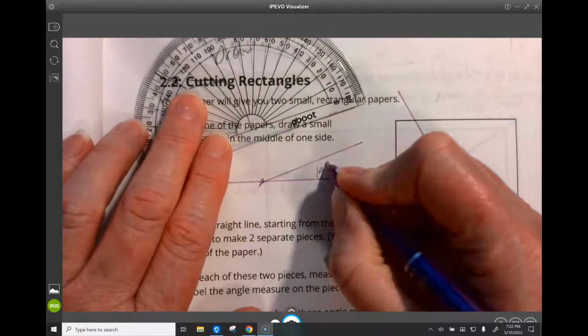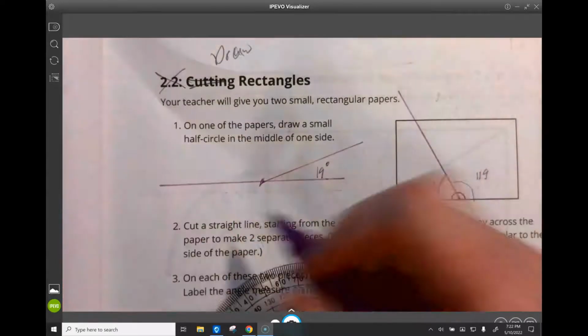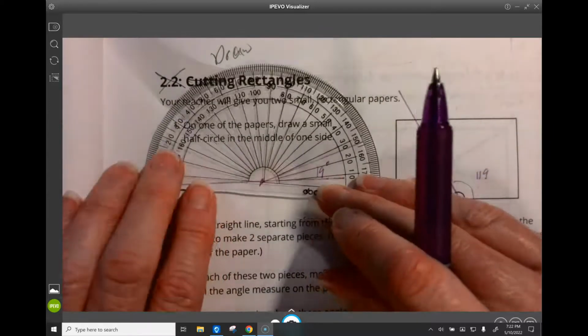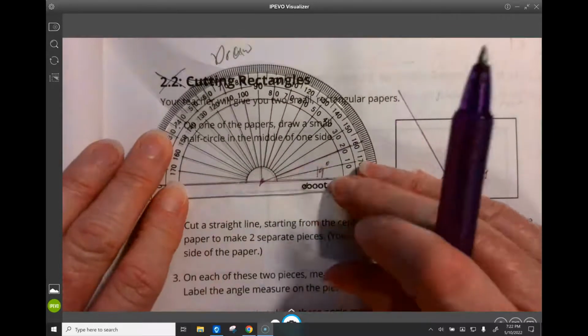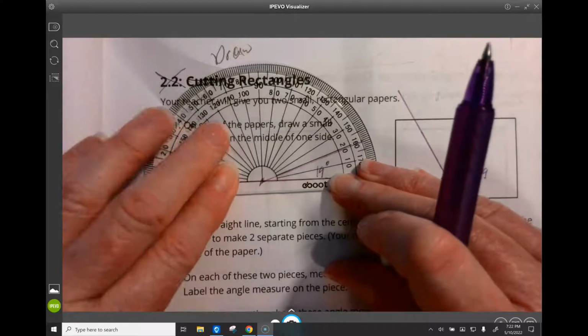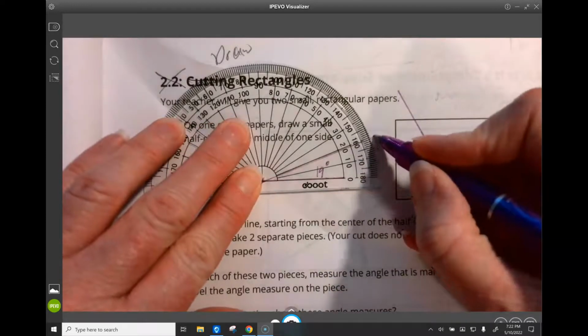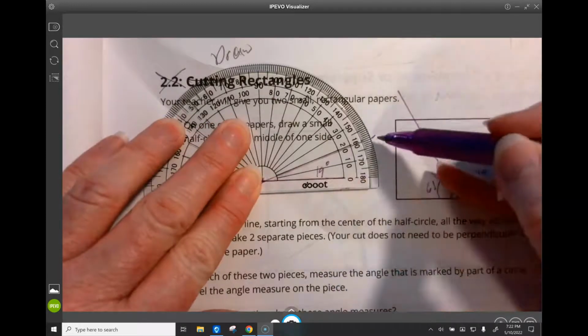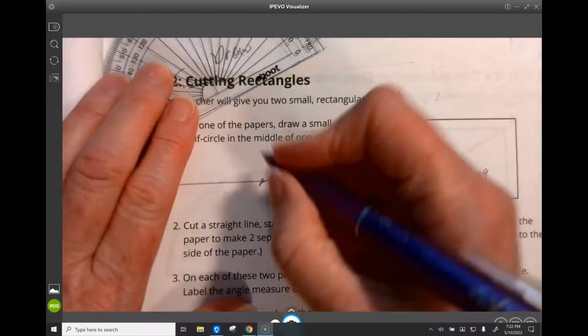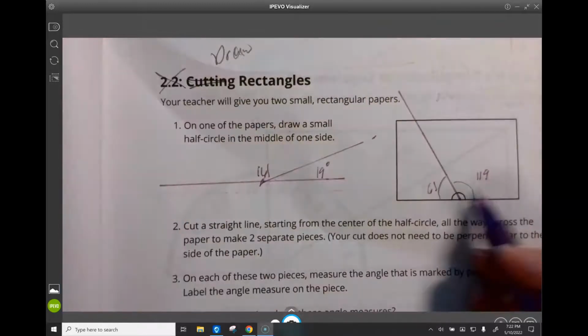So that's 19 degrees. Now I'm going to measure going the other way. This one's obtuse, so it's going to be more than 90. So this angle comes out to be about right there. What is that? 161. Okay, I like 9s and 1s.